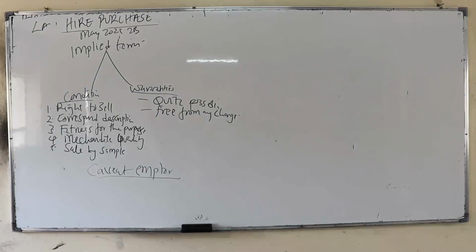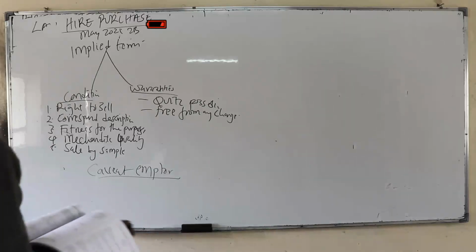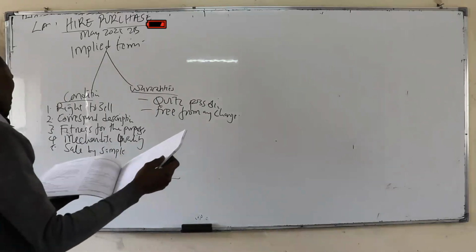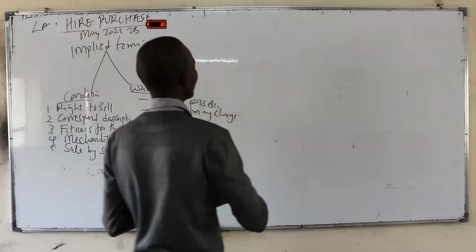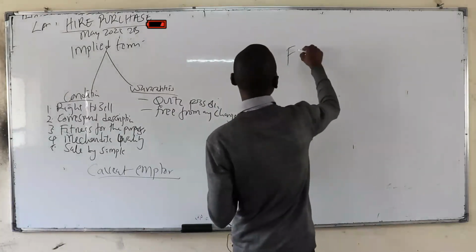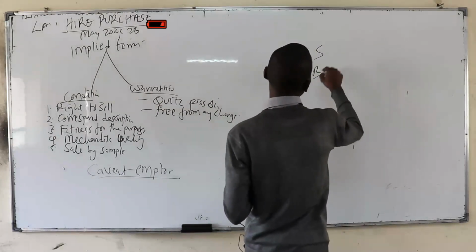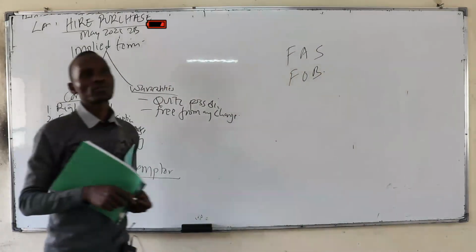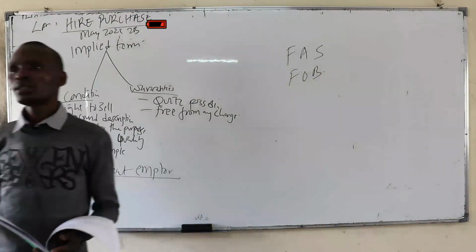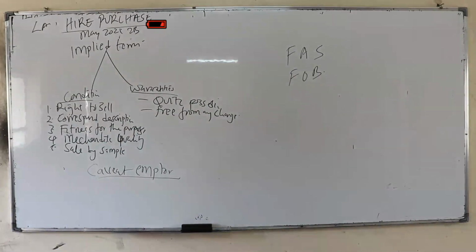Then, question B, explain the meaning of the following terms. We have FAS and we have FOB. Yes, what are they? What are they?